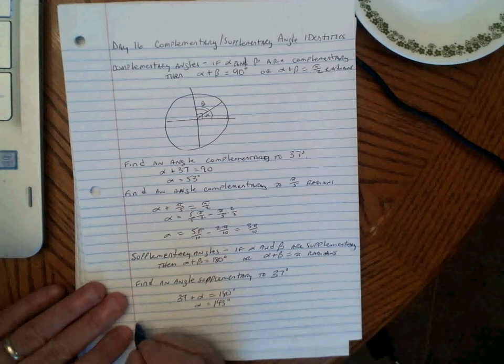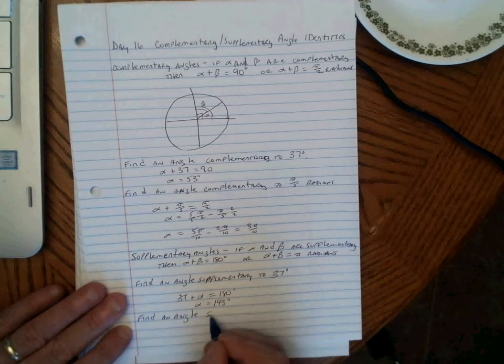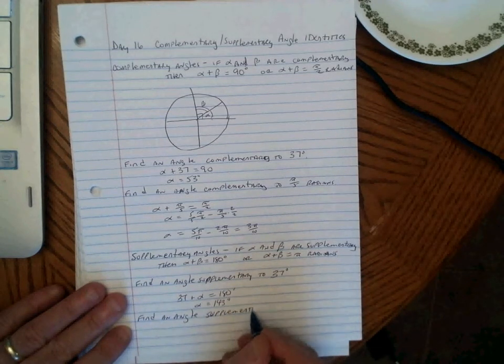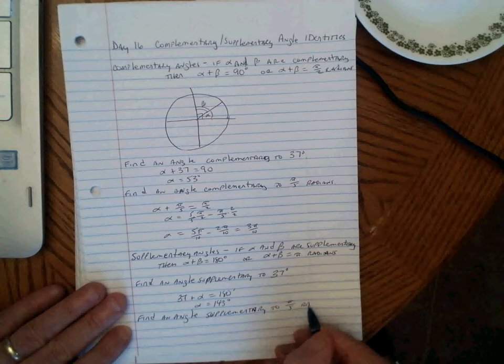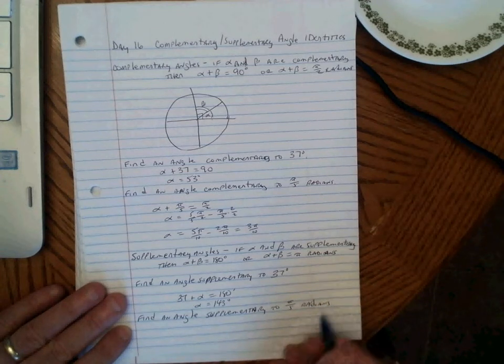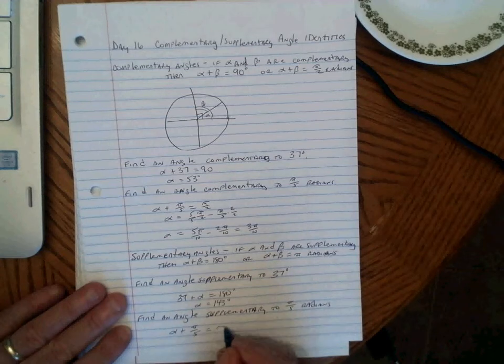If I ask you to find an angle supplementary to pi over 5 radians, you would say alpha plus pi over 5 equals pi.